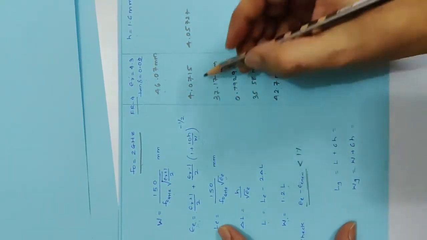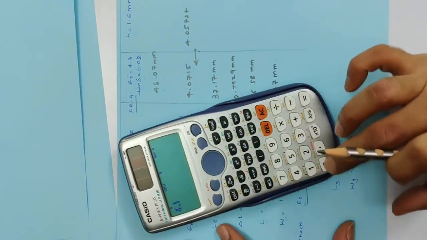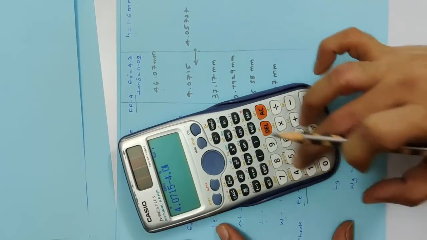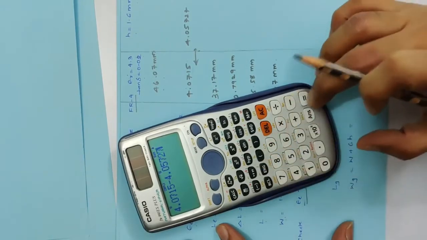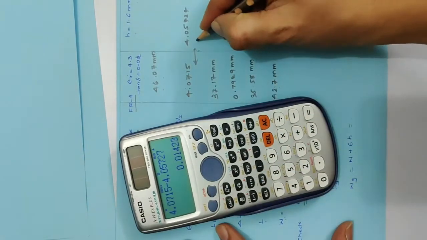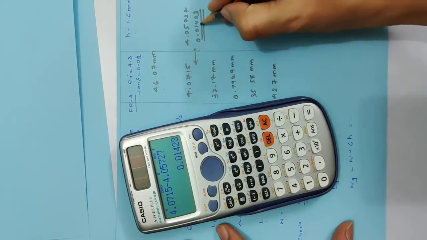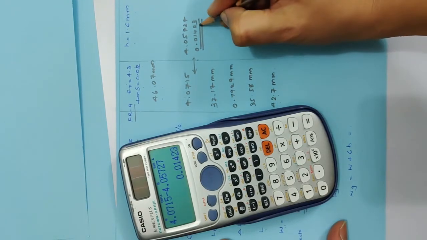So we will calculate the difference between these two. So the difference turns out to be 0.01423. So this is approximately 1.4%.